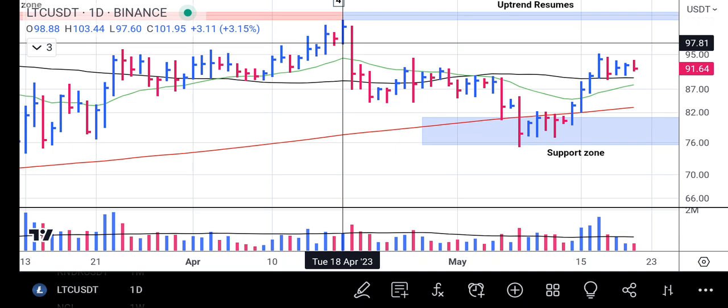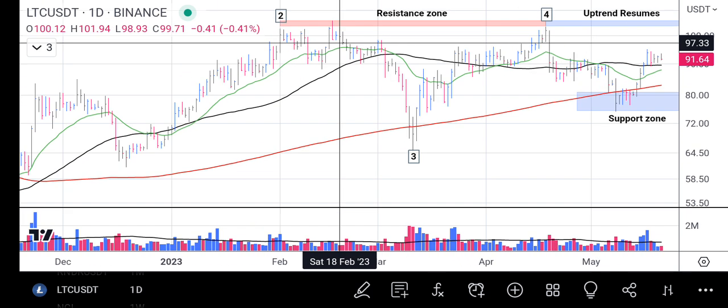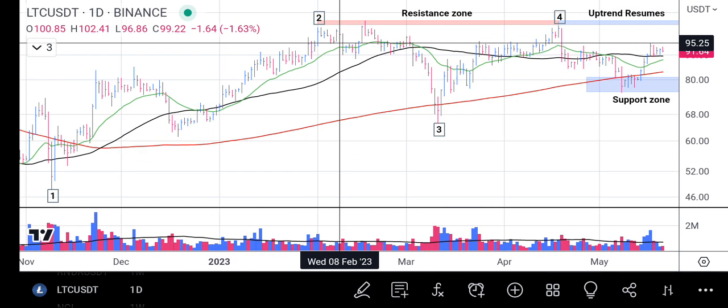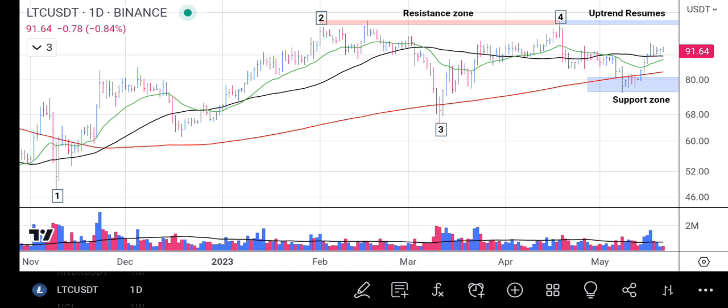Let me zoom out and let's see what's really going on on the larger scale of Litecoin. From point 1, that was the bottom before it had a long rally that hit point 2, and when it got to point 2, the buyers got in weak and the price had to retrace back down to point 3 around the 200-day moving average.